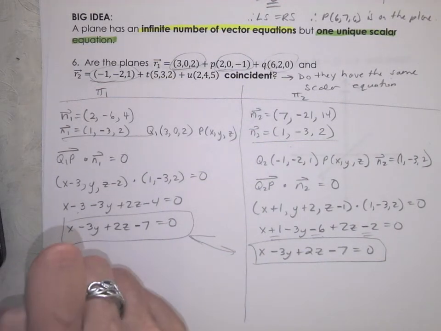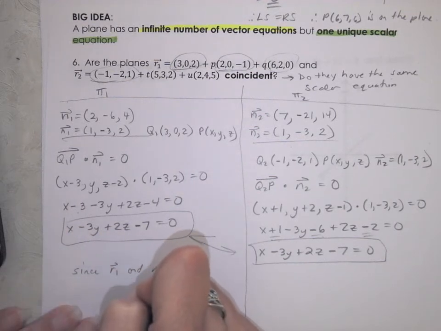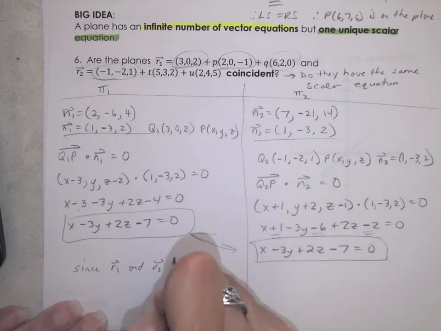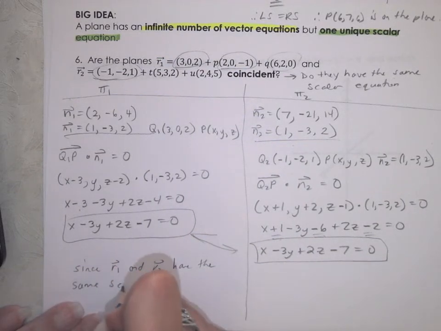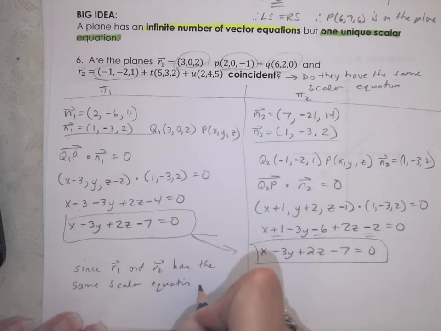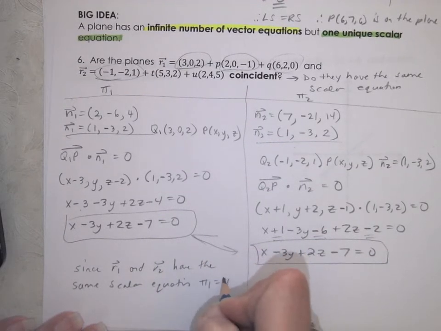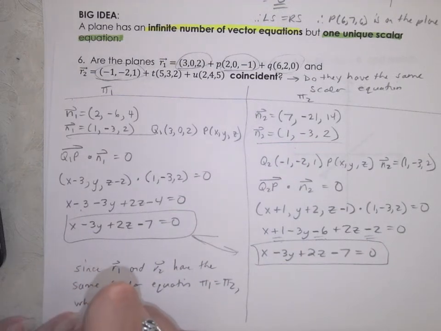So since pi1 and pi2 have the same scalar equations, pi1 equals pi2, the two planes equal each other, which means they are coincident.